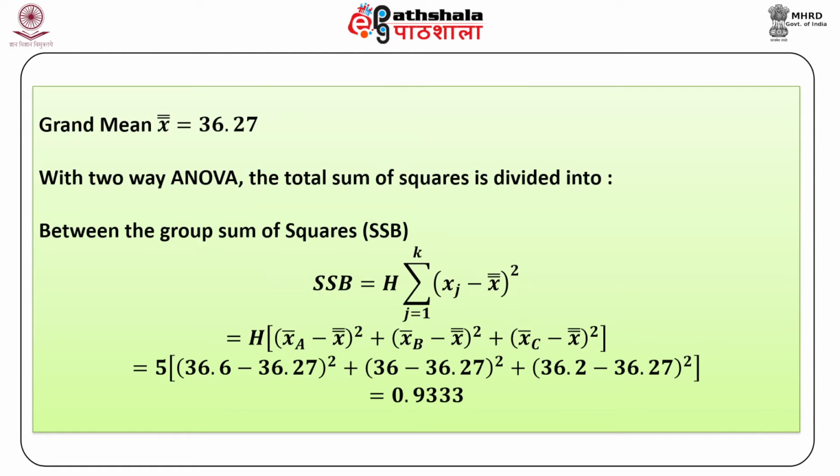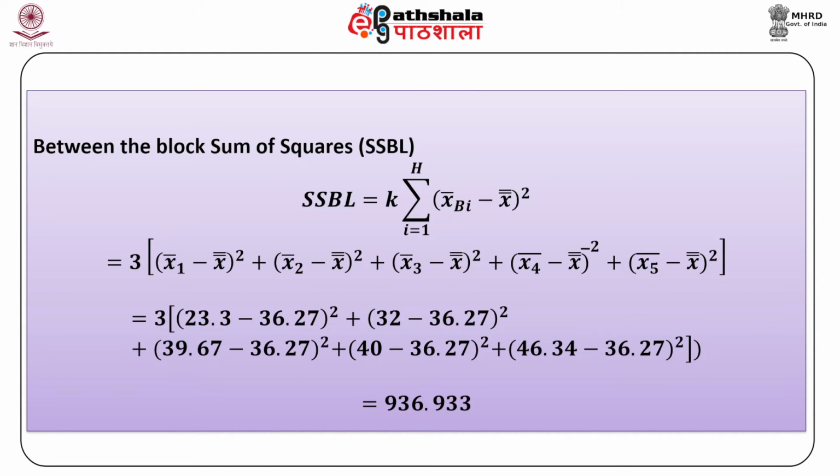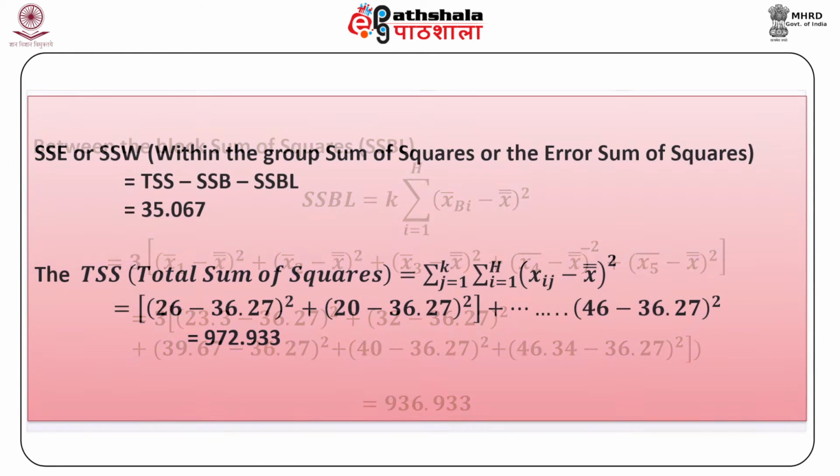Now with two-way ANOVA, the total sum of the squares is divided into the between the group sum of the squares, and on substitution of the values in the formula which we have discussed earlier, and I don't want to repeat that formula, this comes out to be equal to 0.9333. Similarly, the between the block sum of the squares, SSBL, comes out to be 936.933.